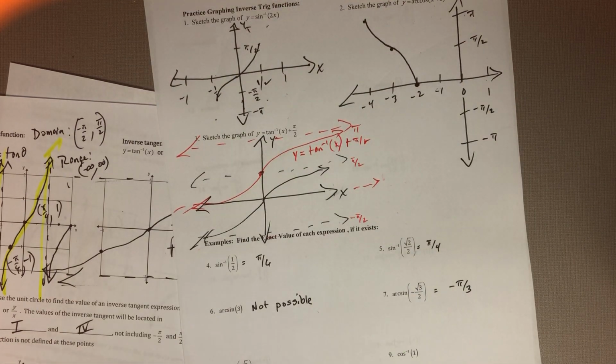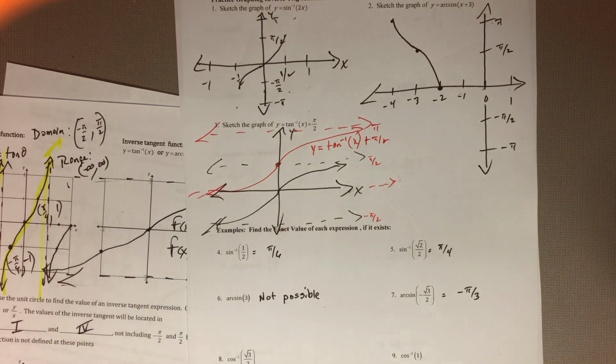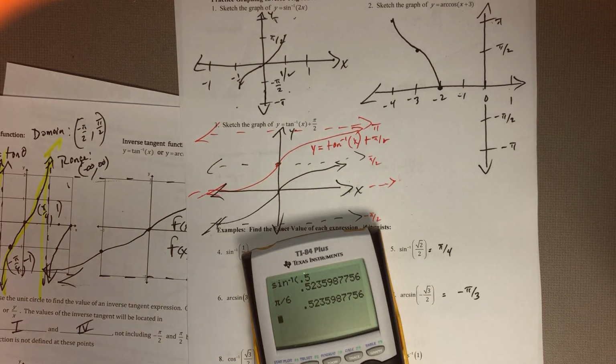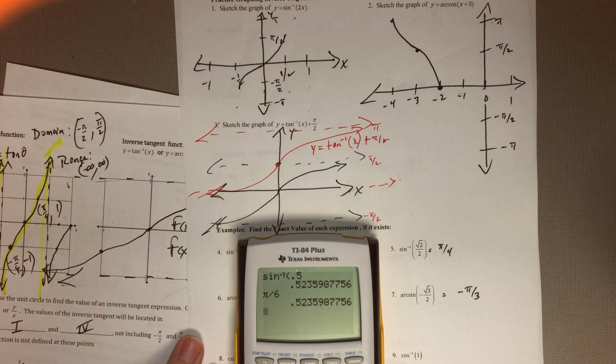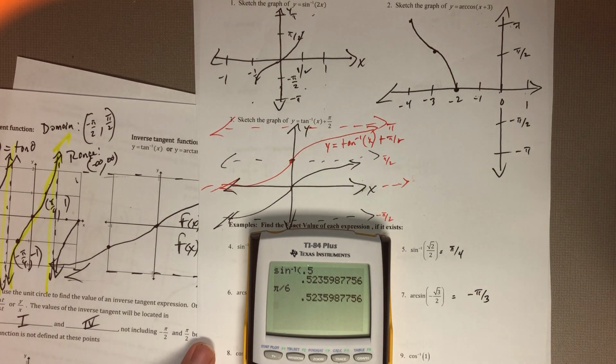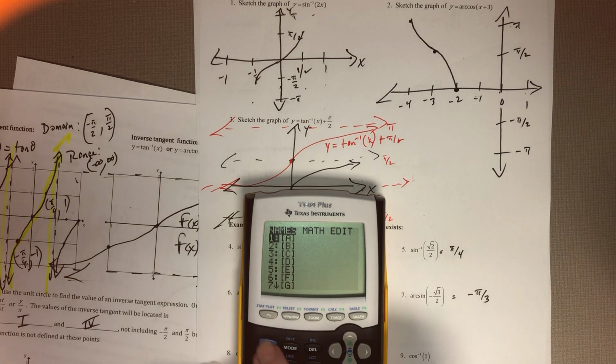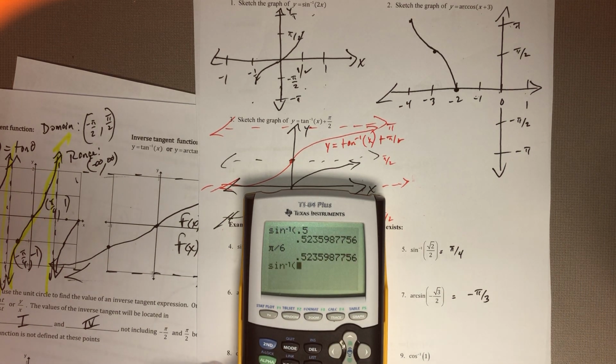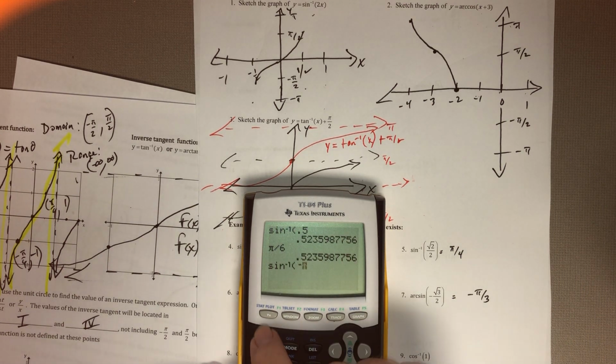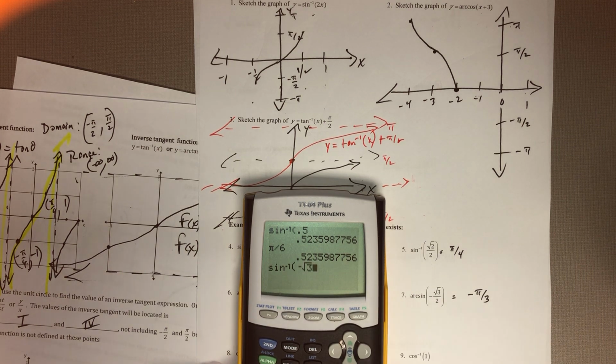So you have to use the reference angle, in essence. Just to show you that that works, watch, I'm going to do the inverse sine of negative the square root of 3, divided by 2. Be sure you come out from under the radical before you divide by 2.